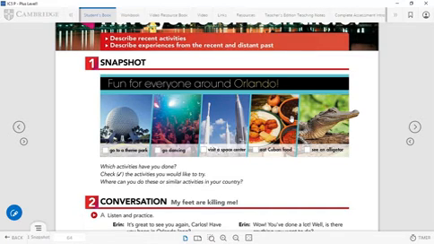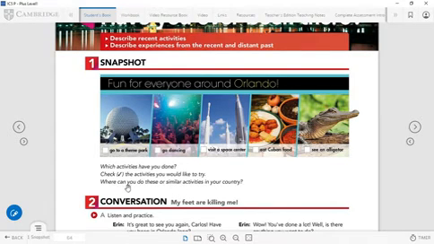Which activities have you done? ¿Cuáles actividades has hecho? Have you done? Okay. Now check the activities you would like to try. Checa, señala las actividades que te gustaría tratar de conocer o hacer.